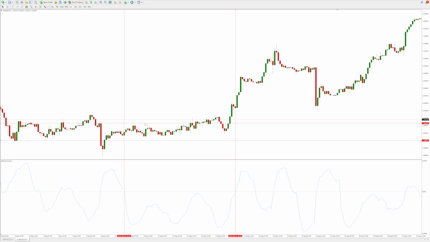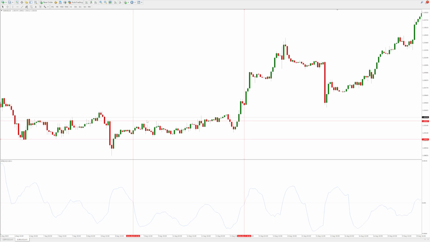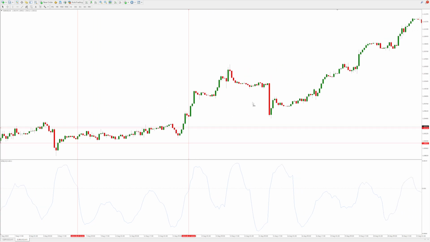We're going to use previous levels of resistance and support. And you could look to sell here, buy here, sell here, buy here, and so on. Okay, so that's basically using the ATR to help you determine if we're in a range or if there's enough volatility for a trend trade.